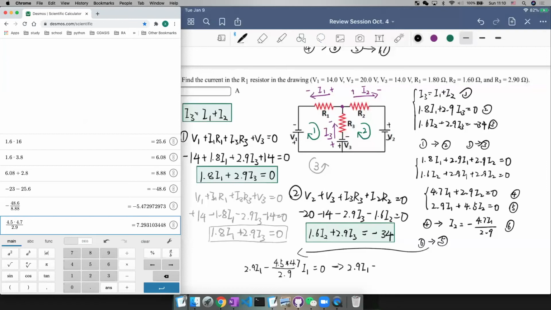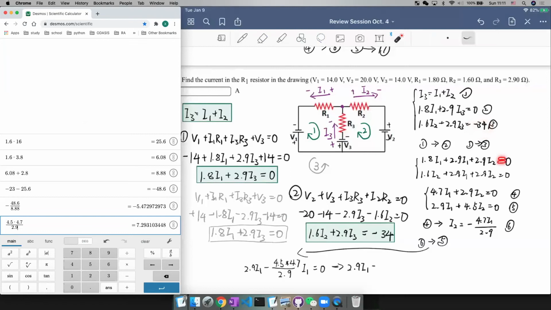Okay, something goes wrong here. Oh yeah, I made this mistake. Oh my god. Okay, this mistake is super common. I forgot the right-hand side.